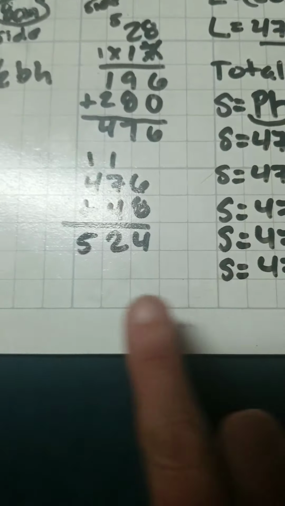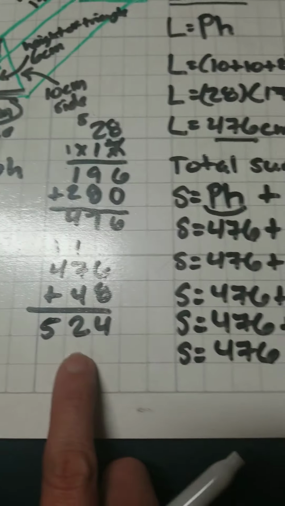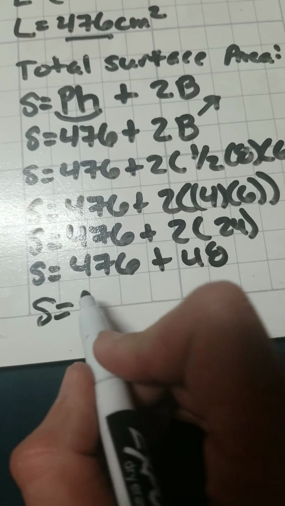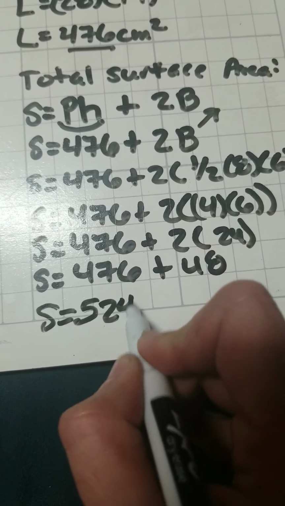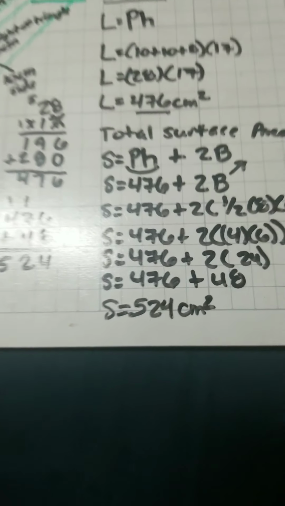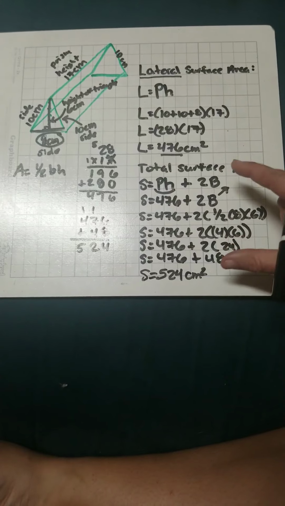Carry a 1. 1 plus 4 is 5. So my total surface area of that triangular prism is 524 centimeters squared. And that's how you do lateral surface area and total surface area.